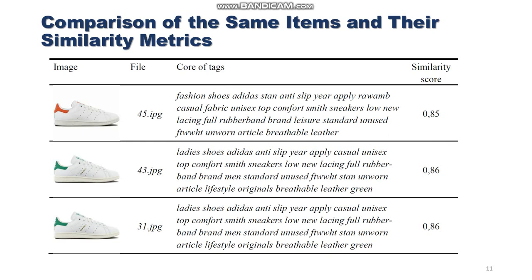And this is an example from our results. We present some similar items and their similarity metrics, and you can see that these shoes are really similar. They have a white color and a similarity score of more than 80%.